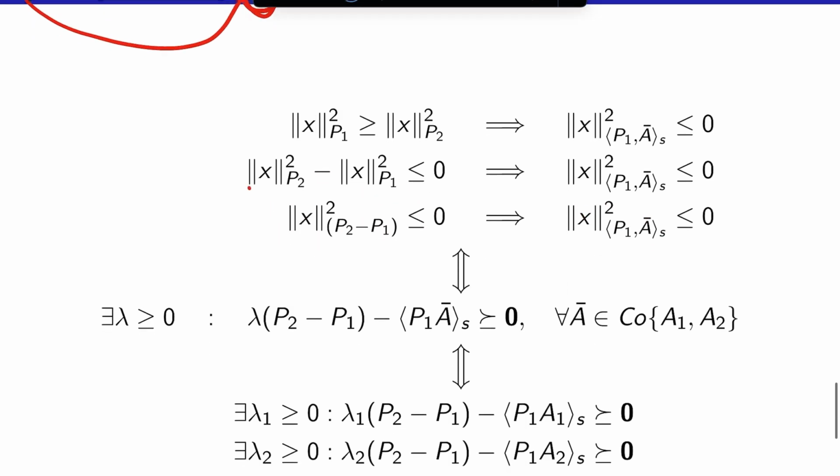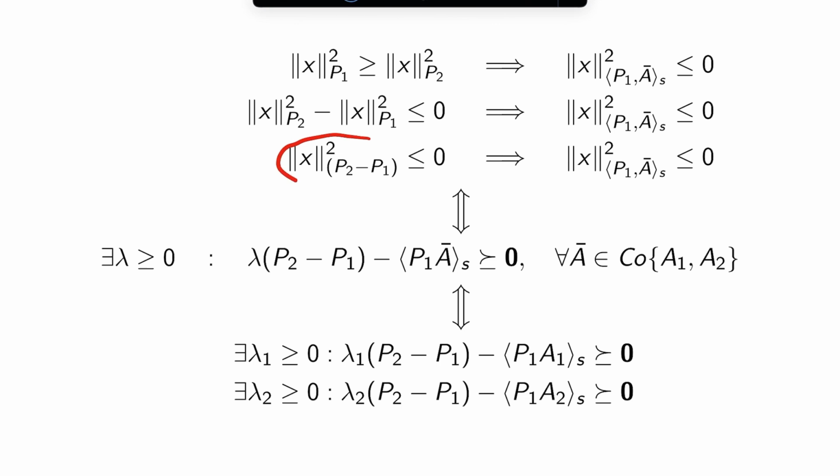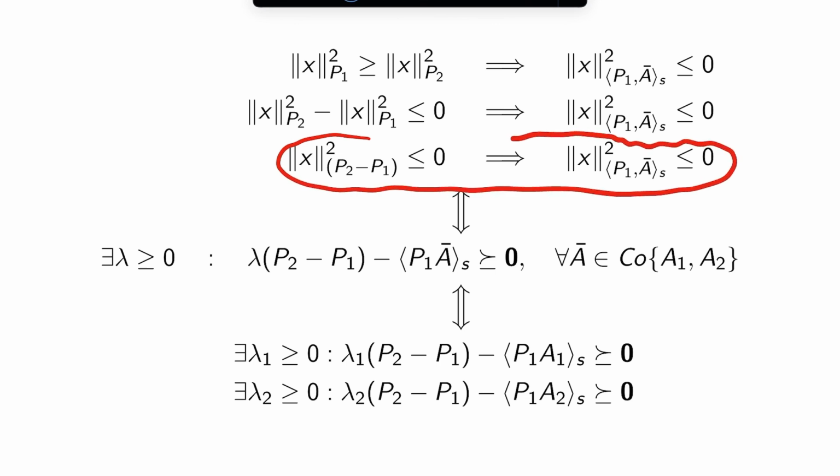And after that, from here we are writing this. By the way, these are crazy simple steps. So now at this stage we are in a position to directly use the S-lemma, okay?